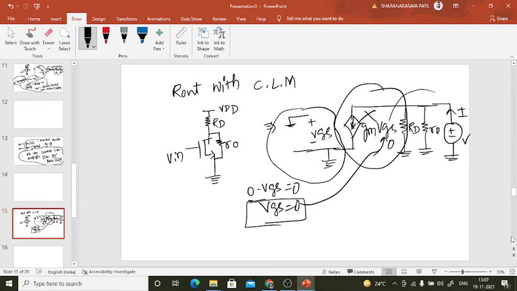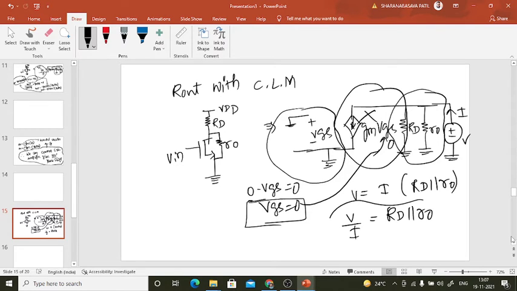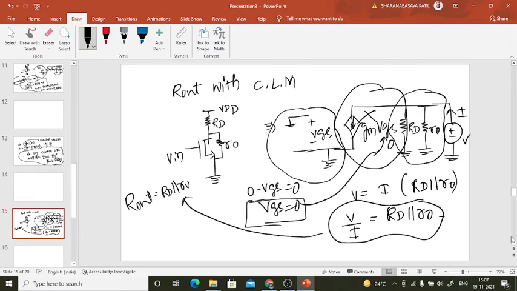So all this current will flow through these two, so V equal to I times RD parallel with R0. So V by I equal to RD parallel with R0. This is what we call the output resistance. R out is equal to RD parallel with R0.